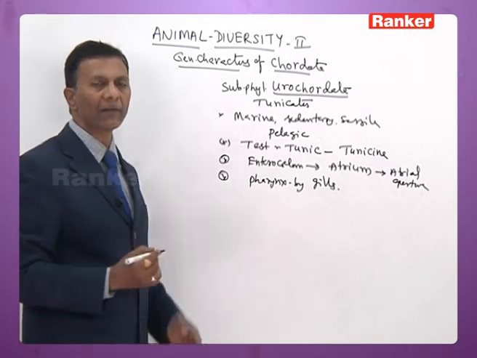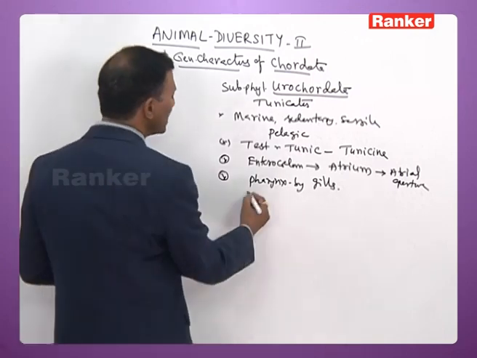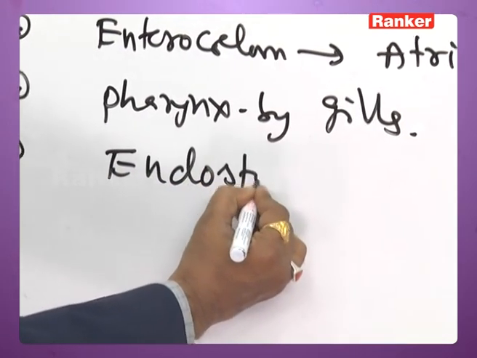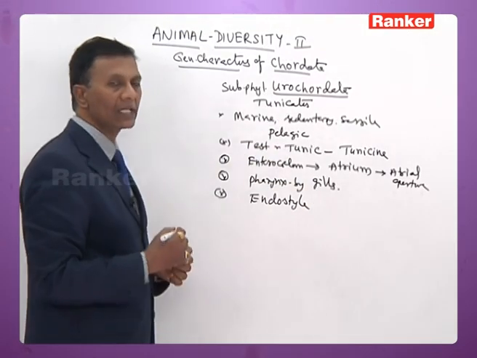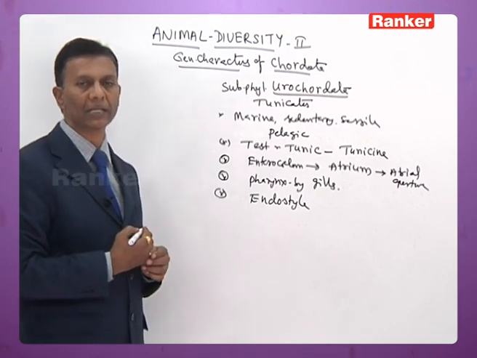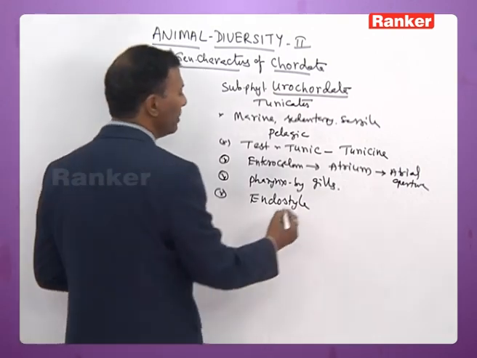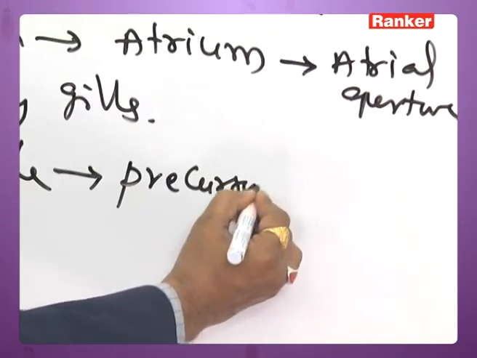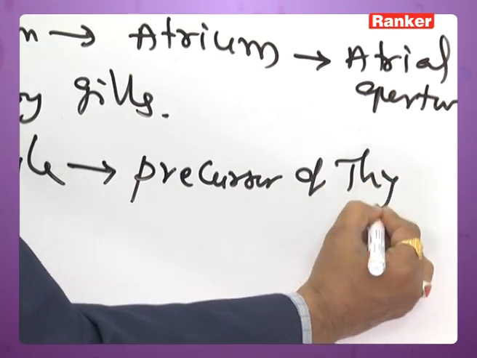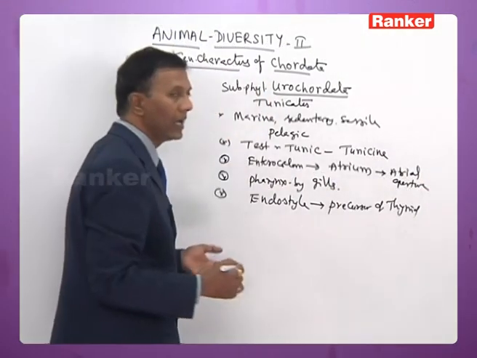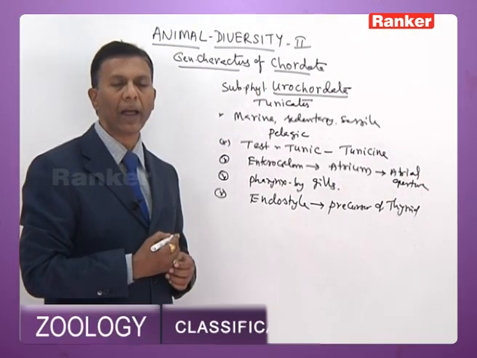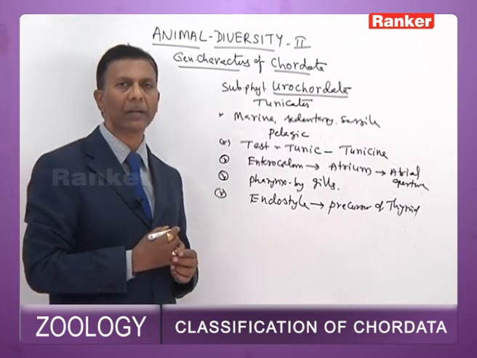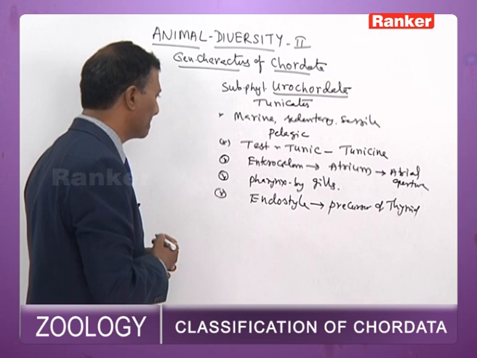On the ventral surface of the pharynx, a mucus secreting organ called endostyle is present. Endostyle is supposed to be the precursor of thyroid, because like thyroid, it also originates from endoderm, and like thyroid, it is made up of iodinated cells.